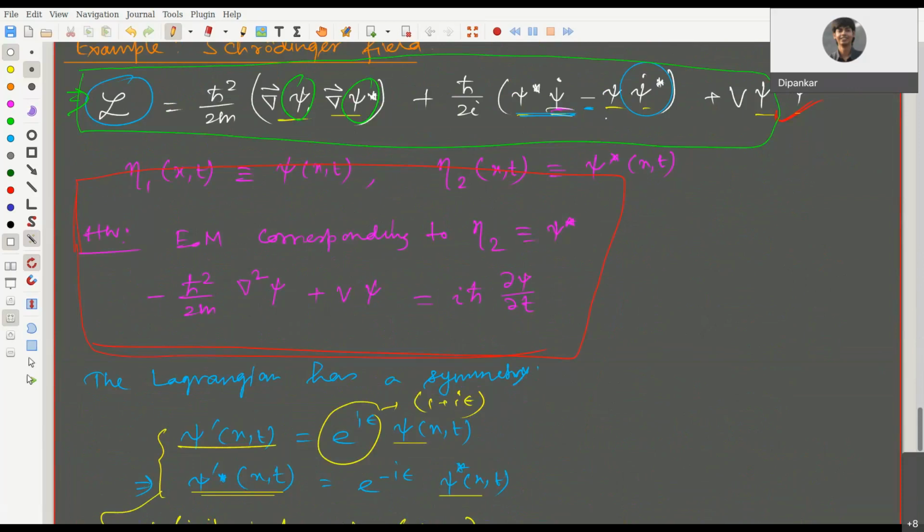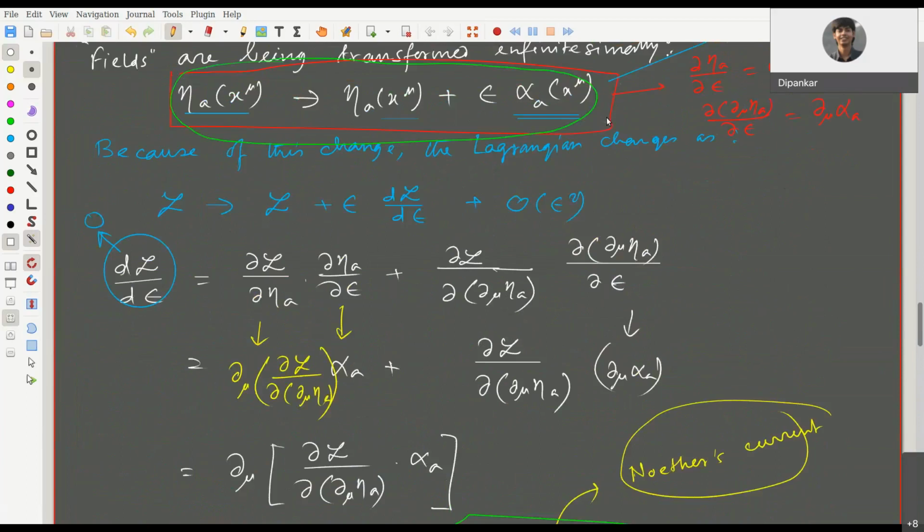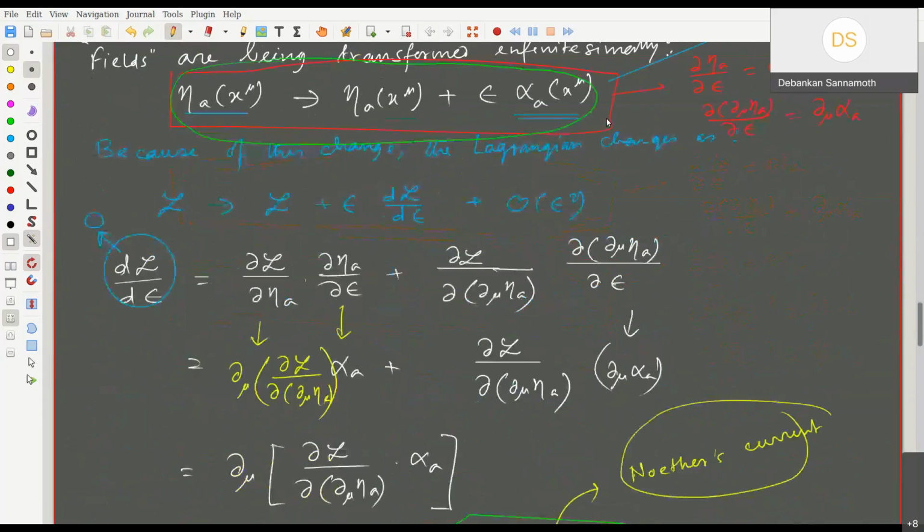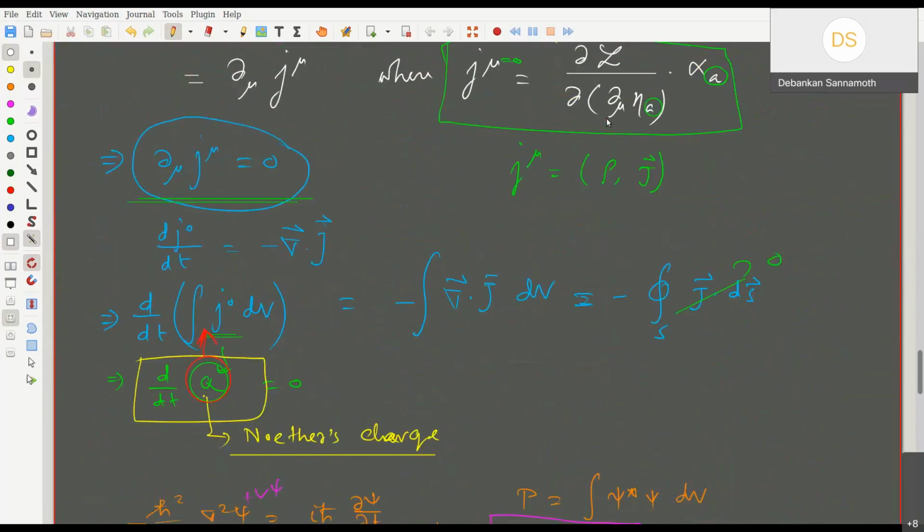Okay, sir. Sir, why did you take that J dot dS closed surface integral as 0? So can you please repeat that? Yes, if your currents vanish at the boundary, so no current element, no source, extends up to infinity, like your current is localized. That's what it means. You are integrating on the surface.